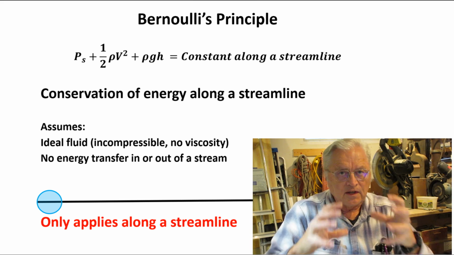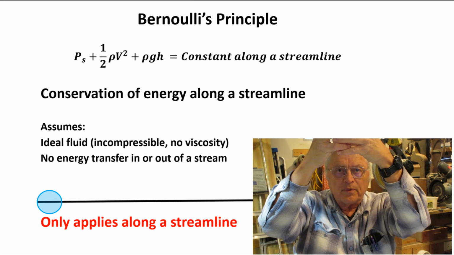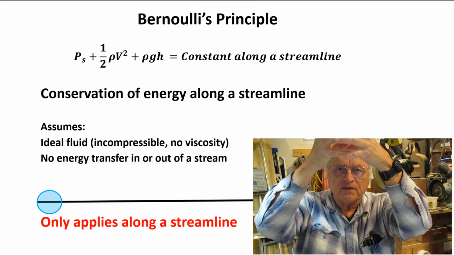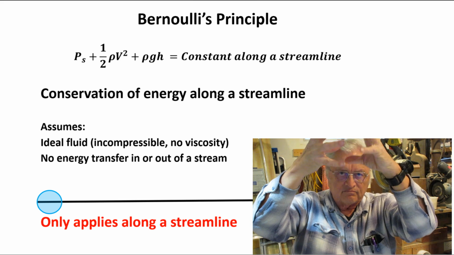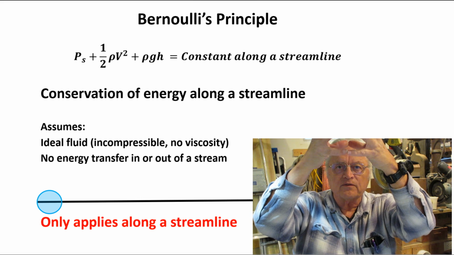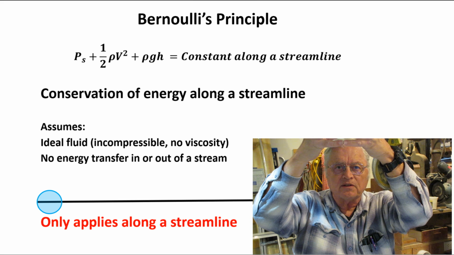Same thing if I take a chunk of air or fluid or water and move it up. I've lifted that up against gravity. I've done work on that particle of water or air or whatever fluid, so I've increased its gravitational potential energy.